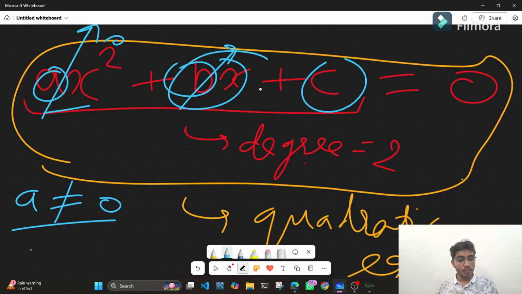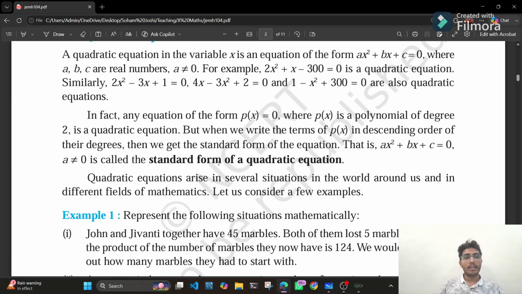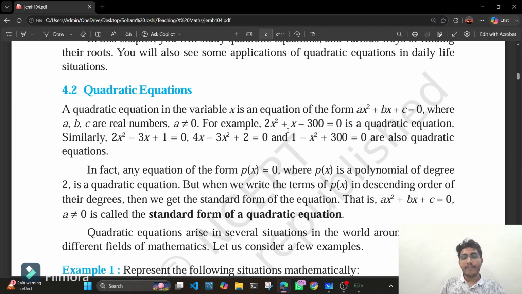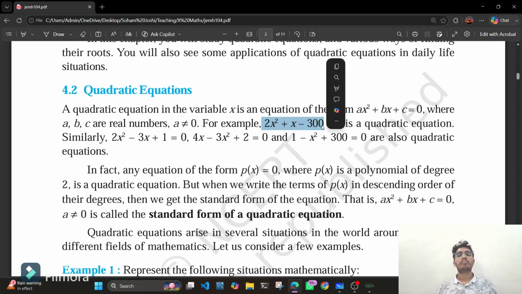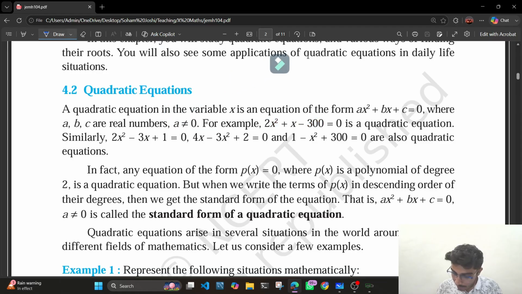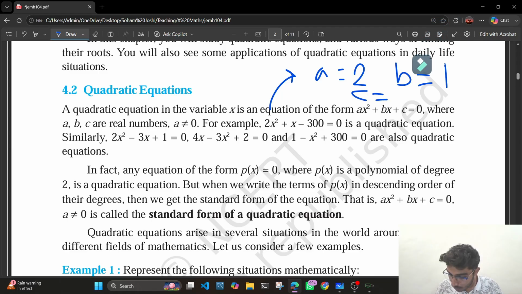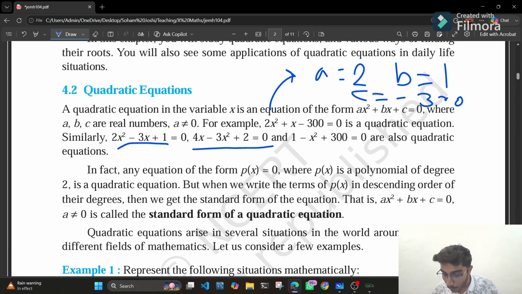Okay, cool. So moving further, I hope you have understood what quadratic equations are. We are given a number of examples, that is 2x square plus x minus 300. Here we can see that a is equal to 2, b is equal to 1, and c is equal to minus 300. There are also many examples like 2x square minus 3x plus 1 equal to 0, and 4x minus 3x square plus 2 equal to 0.